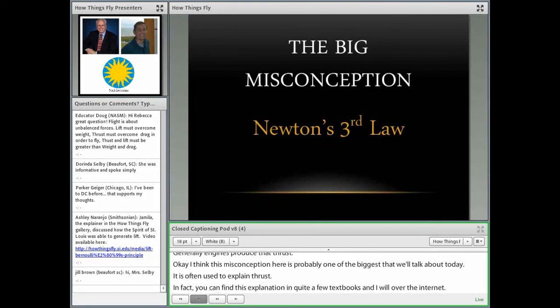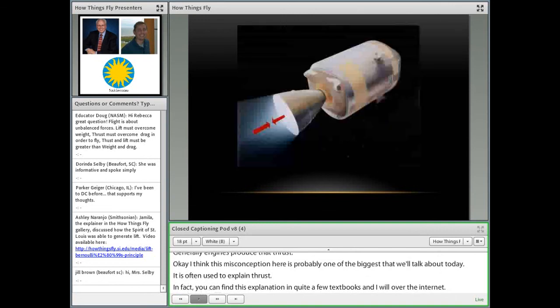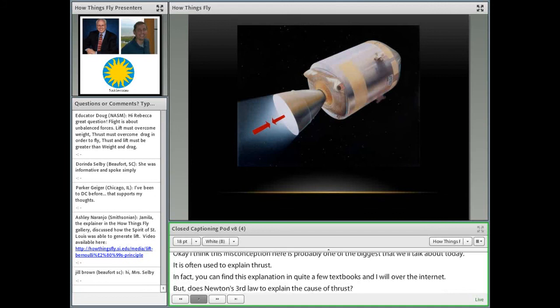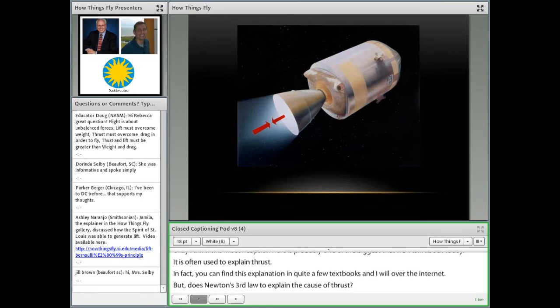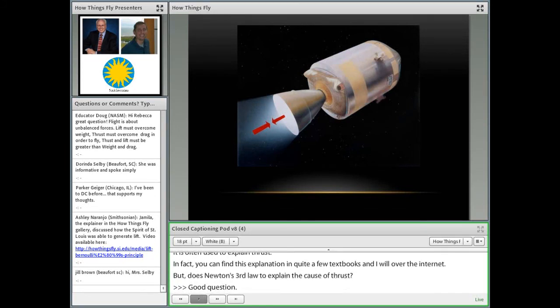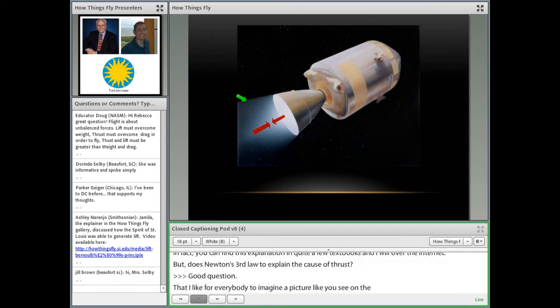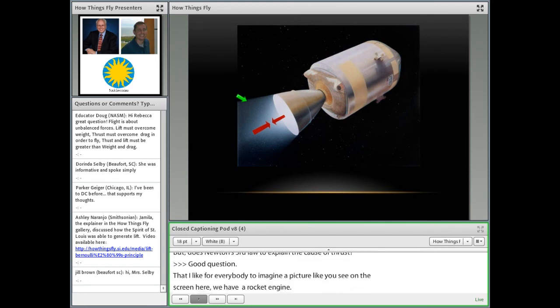Good question. I'd like for everybody to imagine a picture like you see on the screen here. We have, for example, a rocket engine. Let me bring this down here. There we go. You see, here's the rocket engine. Here's a nozzle. You see a high-speed blast of gases out the back end, out the exit of the nozzle.